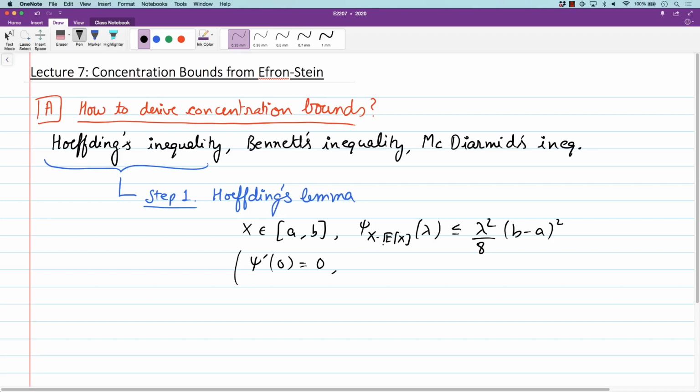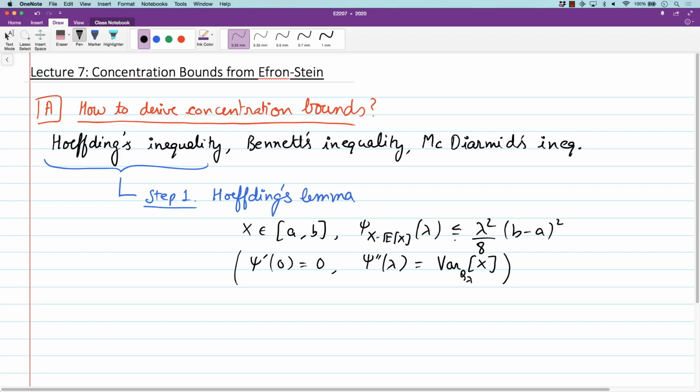I'm just omitting the subscript here because it's fixed throughout, and its second derivative at lambda can be written as a variance of x under some appropriate measure, let's call it q lambda, something depending on lambda. And we know that variances of bounded random variables are bounded, and we used that. There are other proofs of this as well, but we examined some analytical properties of this function, and we got a bound on it.